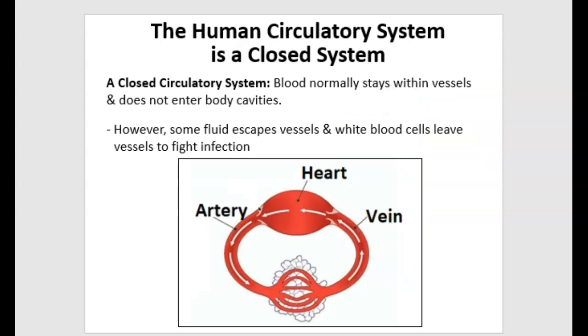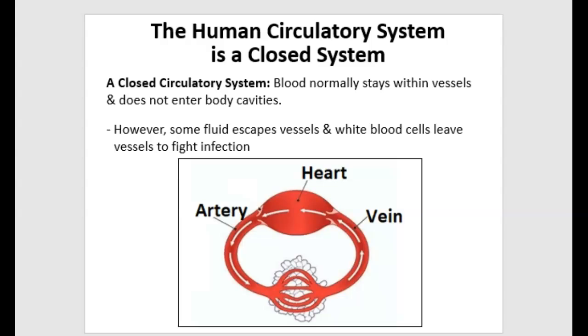Now, this type of circulatory system that we see in humans is referred to as a closed system. And that's because blood always stays within blood vessels. Now, I know that there are materials that escape the blood, like fluid, electrolytes, nutrients, and gases. But in general, all the blood cells and the majority of the fluid stay inside blood vessels.